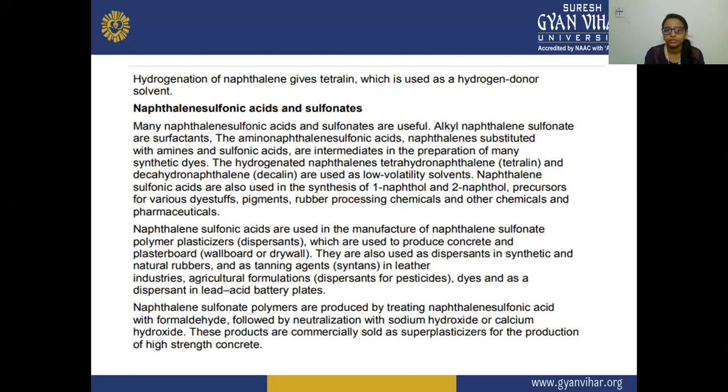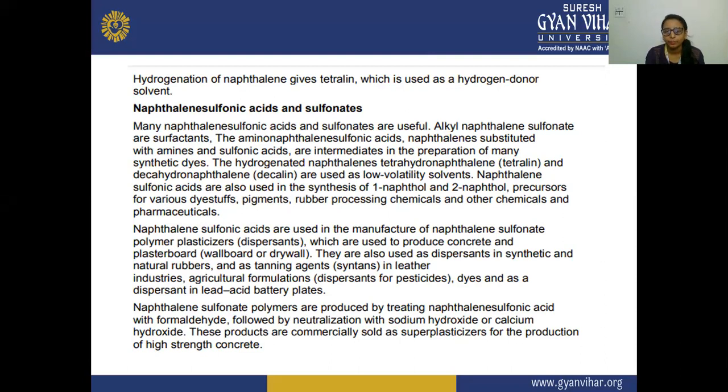which is used in the synthesis of your 1-naphthol and your 2-naphthol. And these precursors are used in the production of various dyestuffs, pigments, rubber processing chemicals, and other chemicals and pharmaceuticals.